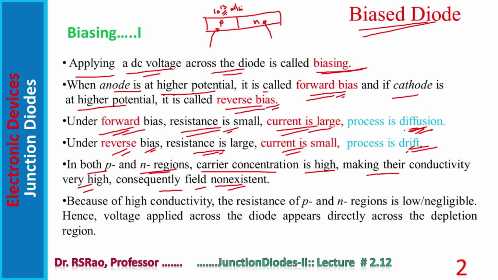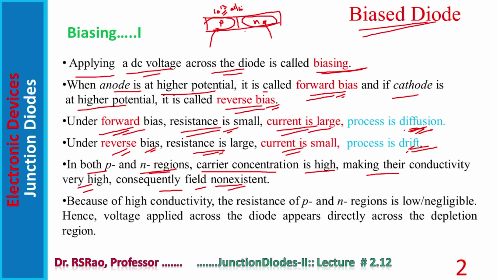Because of this largeness, conductivity of P region and conductivity of N region becomes very large.